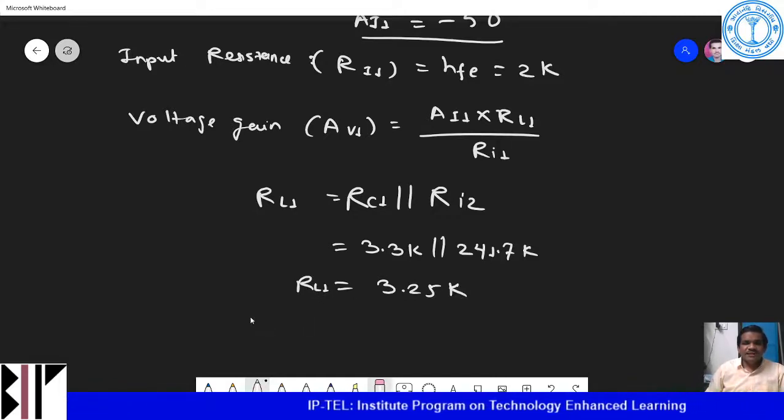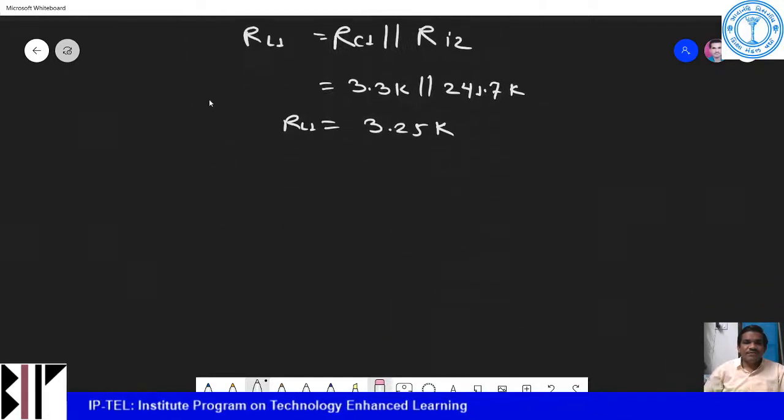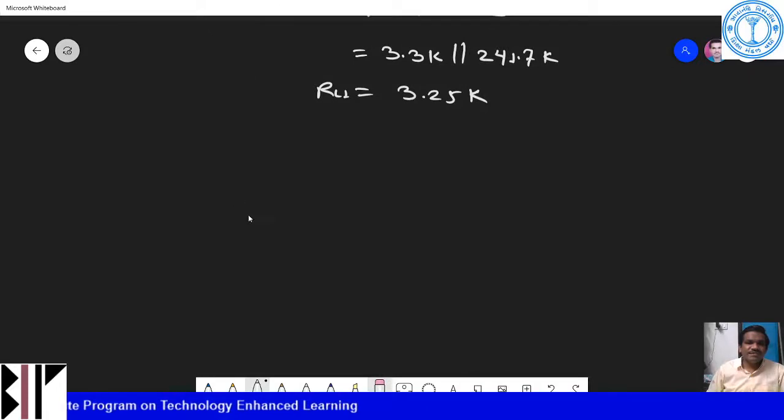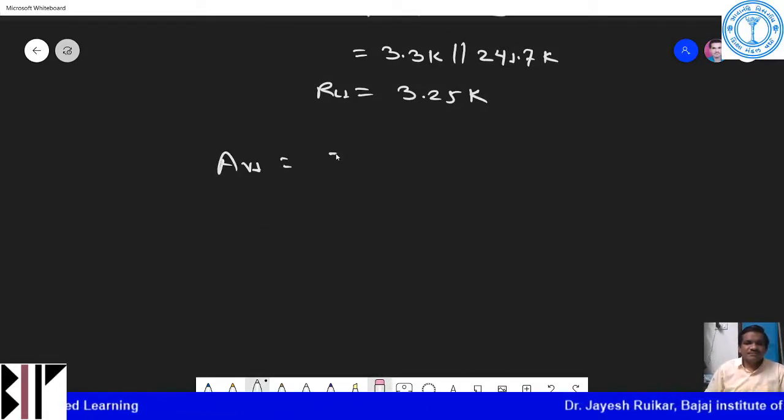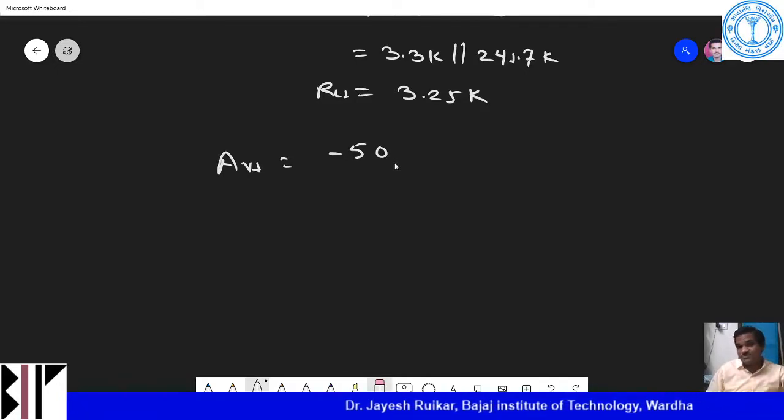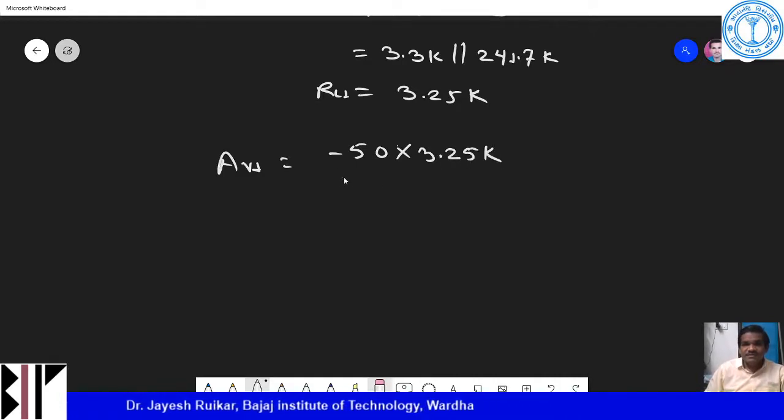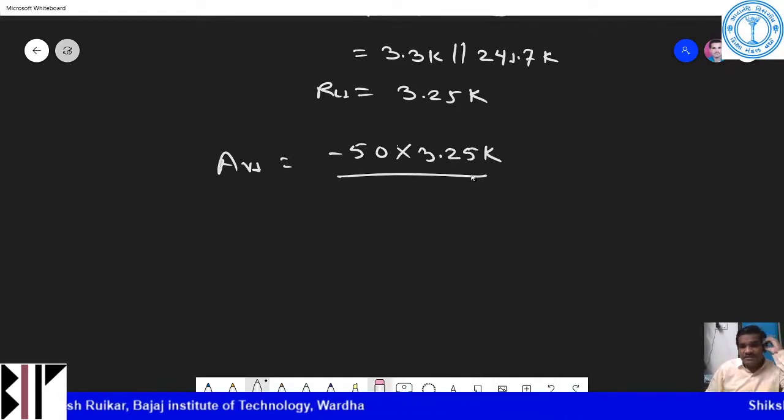If you put the value of RL1 in the formula for the voltage gain of the first stage, AV1 is nothing but minus 50, that is AI1, multiplied by RL1, that is 3.25k, divided by RI1, which is 2k.